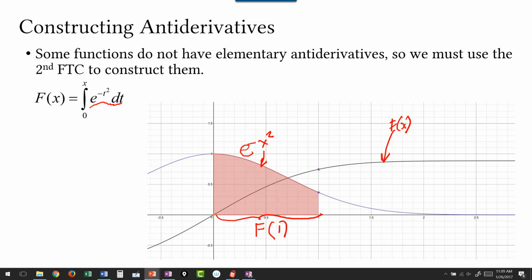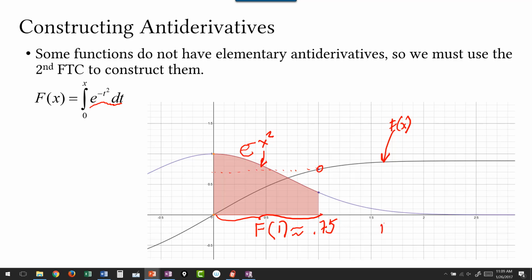We have plotted capital F of 1 here. And notice that the value of capital F of 1 is about 0.75 according to the graph. Now we would have to use some sort of numerical method or computer to calculate that area, but we certainly can.